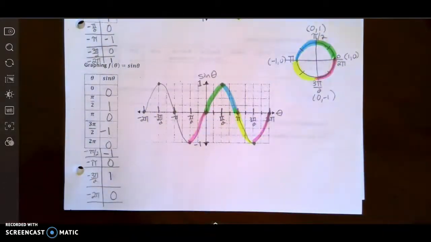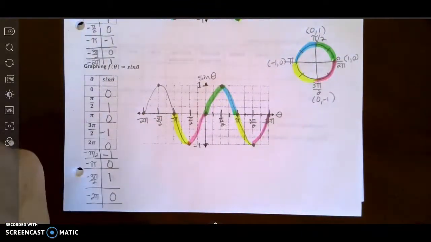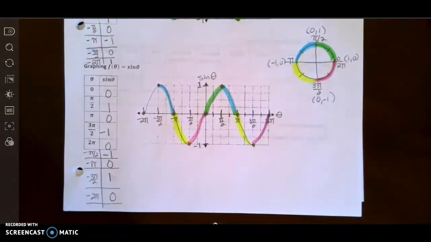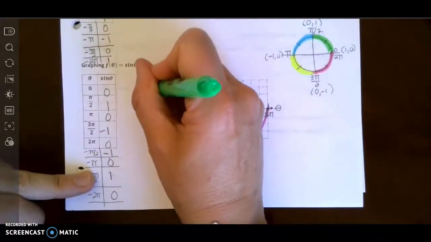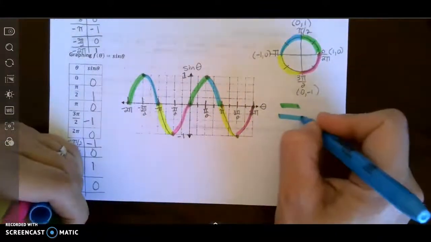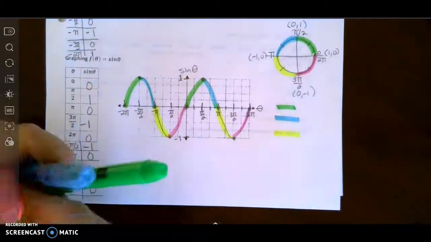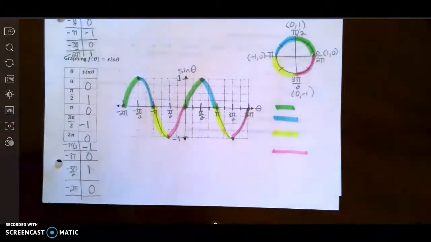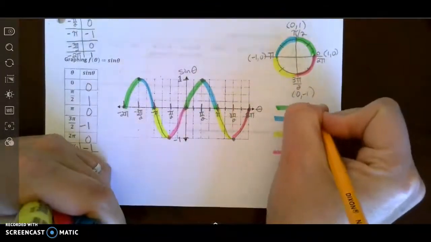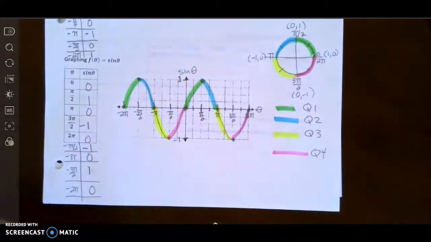And then I would be yellow. Then blue. I'm just going the reverse way around the circle now. And then green. And I can go ahead and put my key for my quadrants. So quadrant 1, quadrant 2, quadrant 3, and quadrant 4.